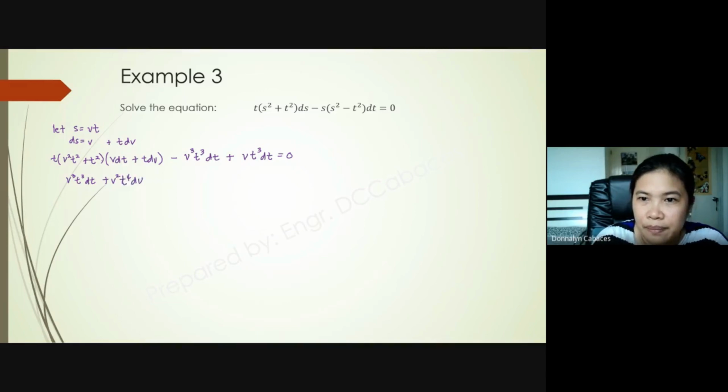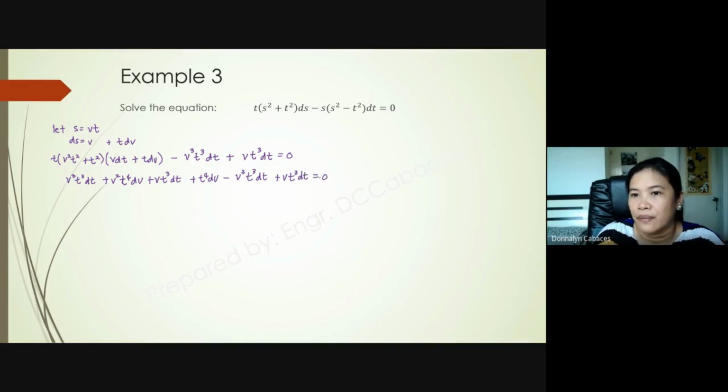And then this term plus v t cubed dt, then plus t to the fourth dv, minus these two terms, v cubed t cubed dt plus v t cubed dt is equal to 0.